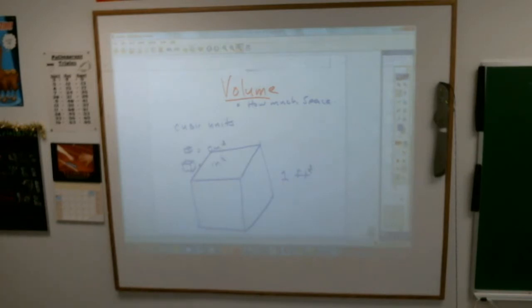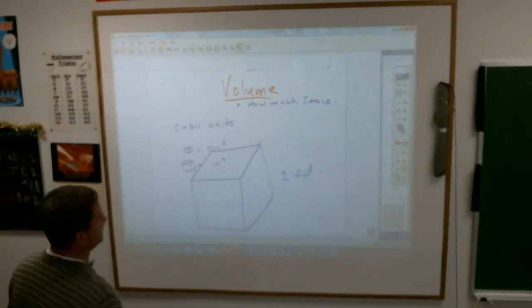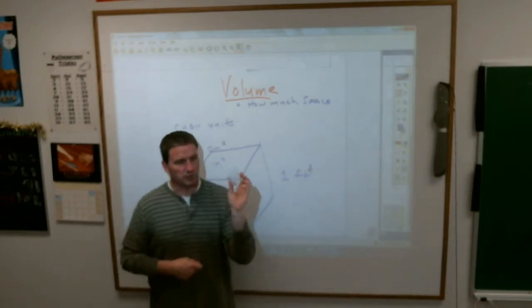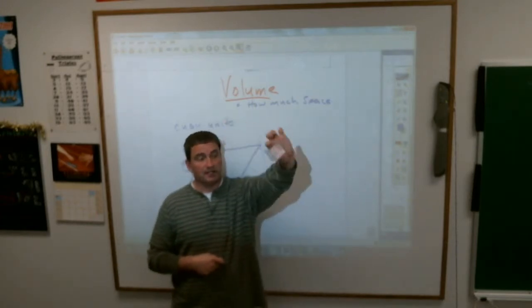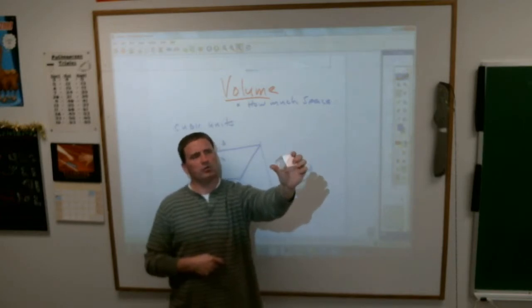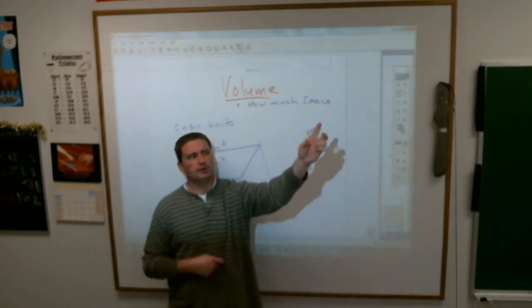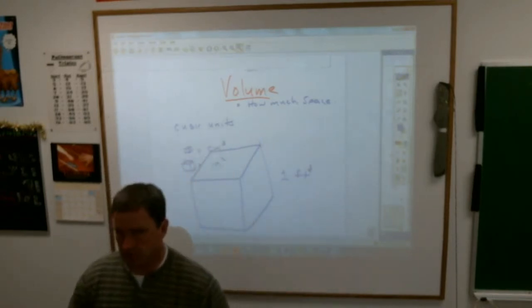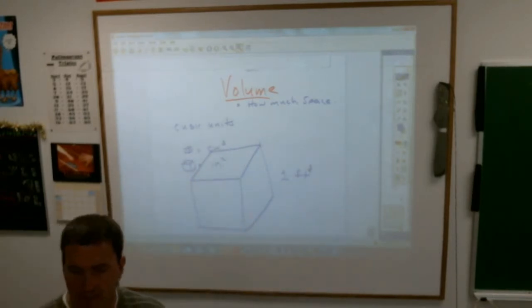Now, as a little thought process thing, here's what I want you to do. Usually, volume is kind of deceptive. Generally speaking, we don't usually think very clearly about what volume is. Let's say I've got this cube of something. It's bigger than a cubic inch. Here's the guess of the day.